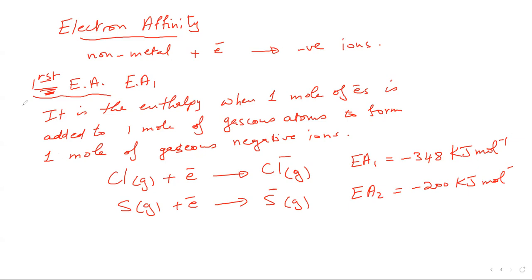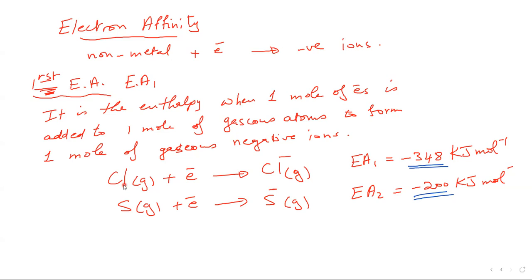You will see that always the first electron affinity is a negative value. It means that when the atom gains the first electron, we are dealing here with the first electron affinity only. It means that it's an exothermic reaction, because it is something that the gaseous atom would like to do.